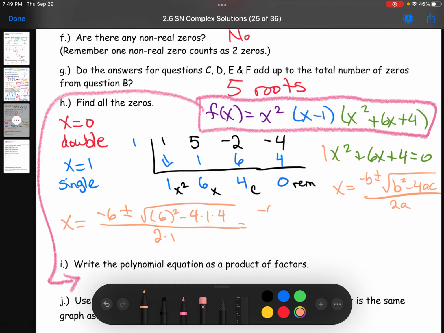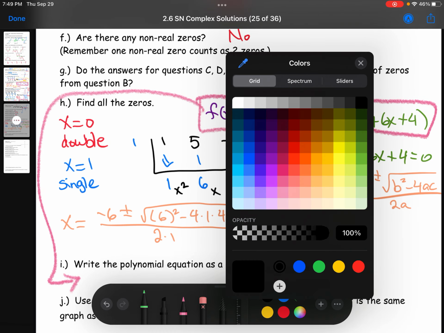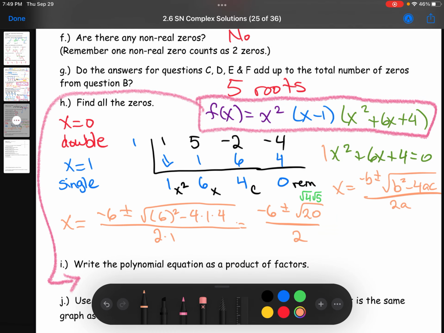So then that gives us negative 6 plus or minus the square root of 20, 36 minus 16, all over 2. Square root of 20 can break up into square root of 4 times square root of 5, 4 being a perfect square.